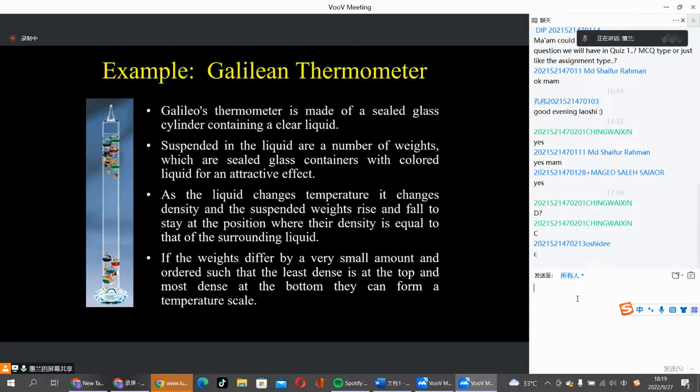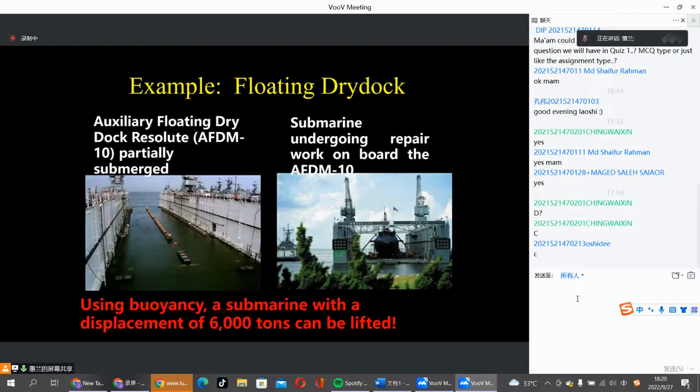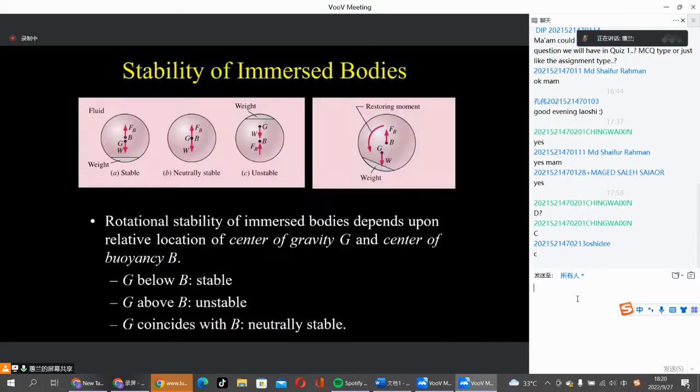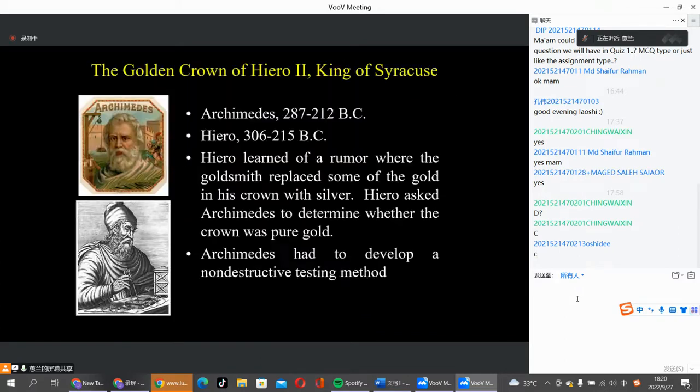And we can use this to measure the temperature. This is its application. You can read it by yourself. Because of buoyancy, we also have the submarine, and we know the story of Archimedes, right? How he knew whether the golden crown was real or had some flaws.